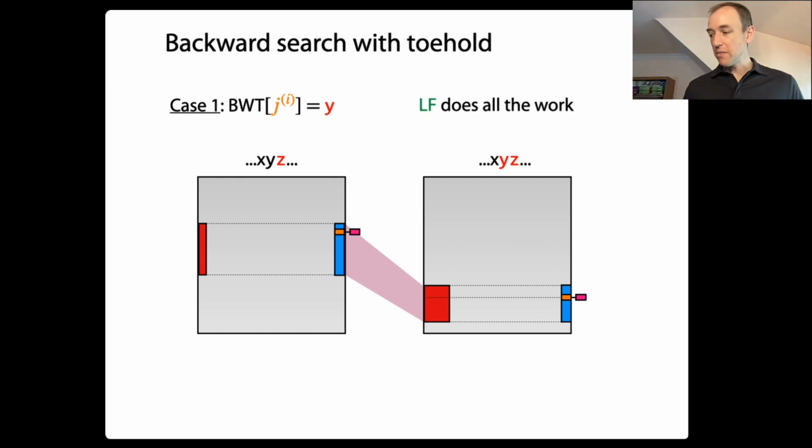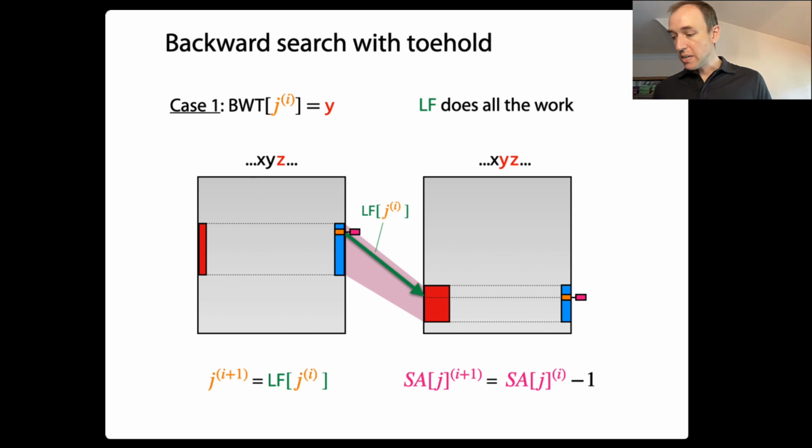If we take the LF of J to the I, we get LF of J to the I plus 1. We get the new row that corresponds to that same match that we were tracking, right? In other words, we can figure out exactly which row in the new range is the one that corresponded to the old row for which we had the suffix array entry. And the way we update the suffix array entry, SA of J, is also very predictable because we just move to the left by 1 with respect to the text.